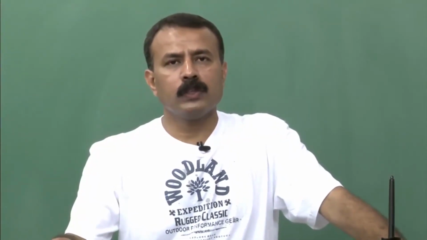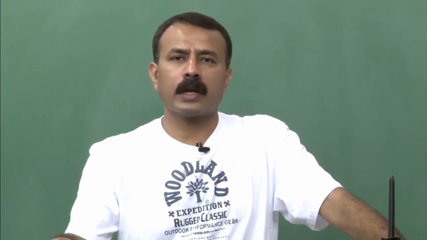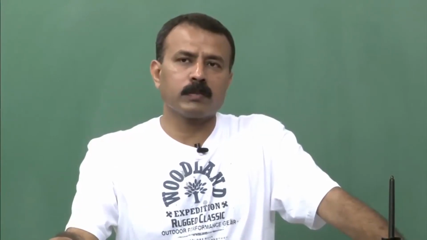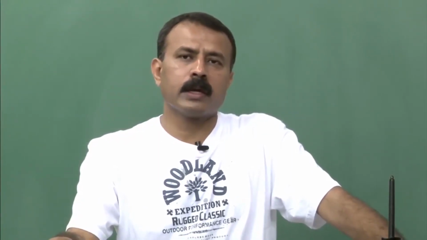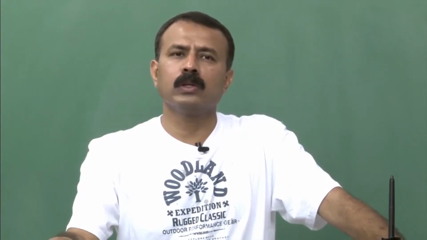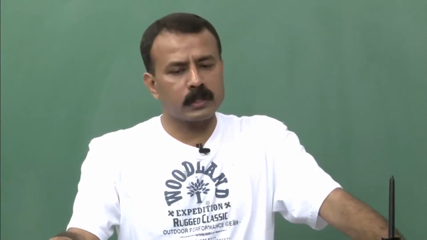And what are the features of the vessels which are carrying the oxygenated blood, and the features of the vessels which are carrying the deoxygenated blood, what are their specific characteristics, and what are the conditions which lead to some kind of pathological situation. That is what we are going to discuss now.